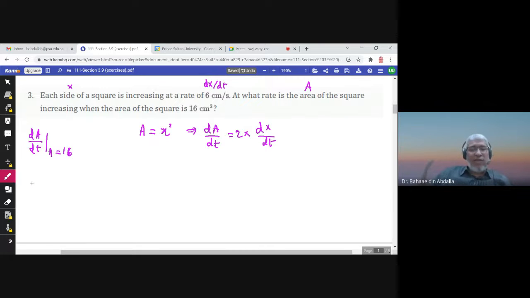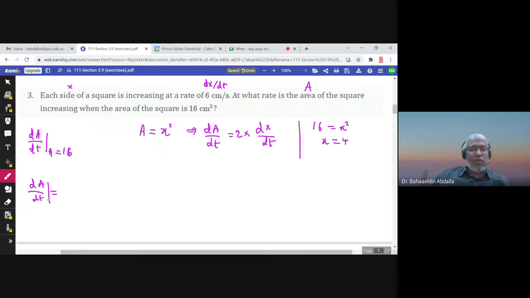And to find dA by dt when area is 16, I need x, I do not need the area. So if the area is 16, how would you find x? Well, 16 equals x squared, area equals x squared. In this case, x would be 4.